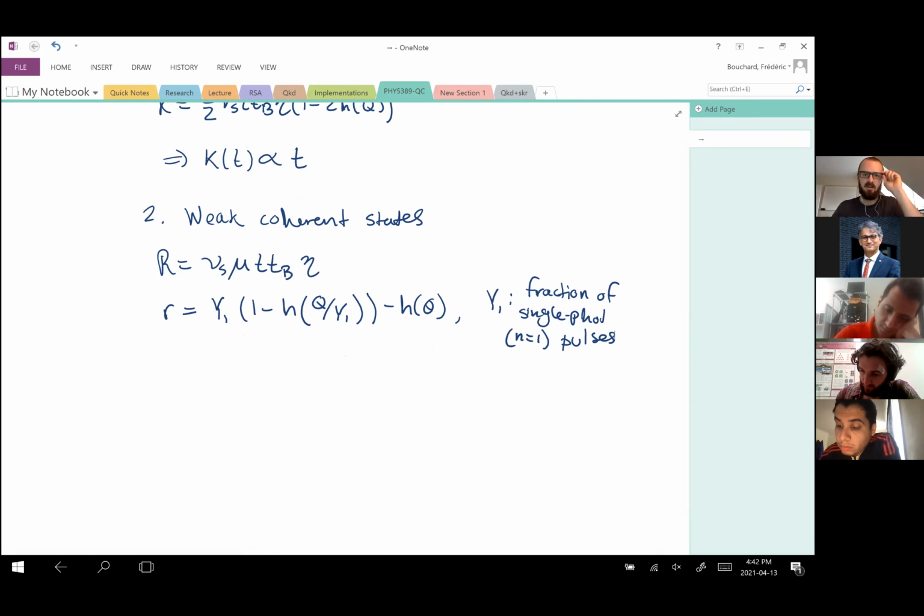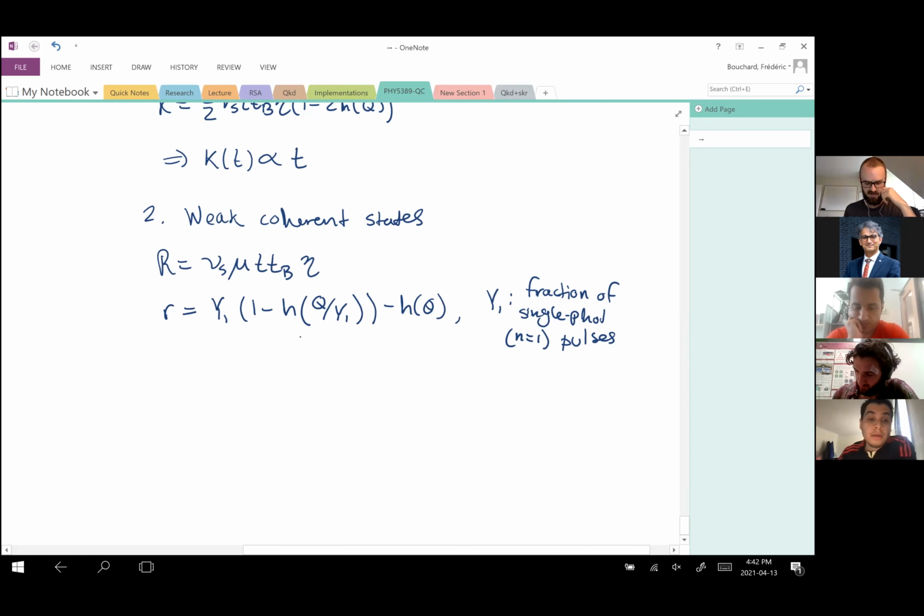So what's going on here is Alice and Bob can only get keys when they have a 1 photon state, because if they have vacuum, they wouldn't get a key. This is why we have that Y1 here. The other thing is the privacy amplification. This term is privacy amplification. This term is error correction.